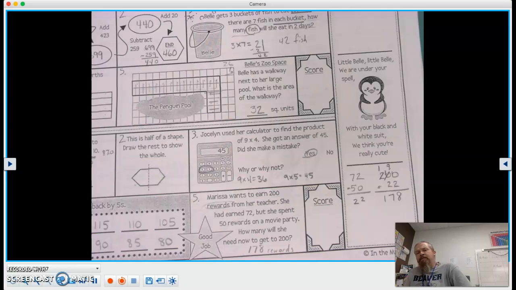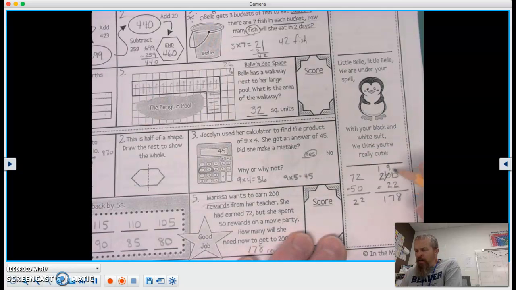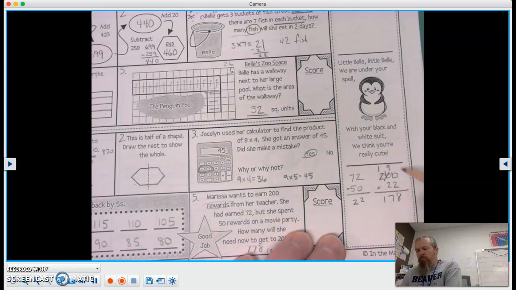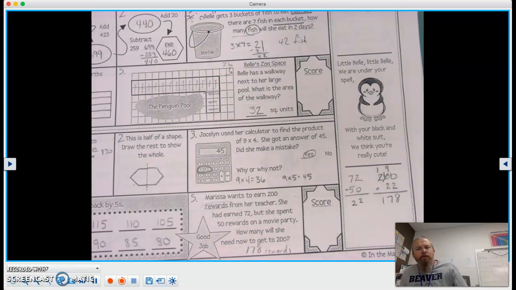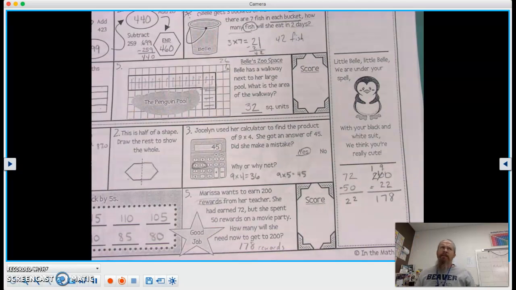So just in case, I think a lot of us will maybe make that mistake with the 200, right? That's always a tough one. Subtracting across zeros, we just make a couple itty-bitty mistakes, but it makes our problem incorrect.